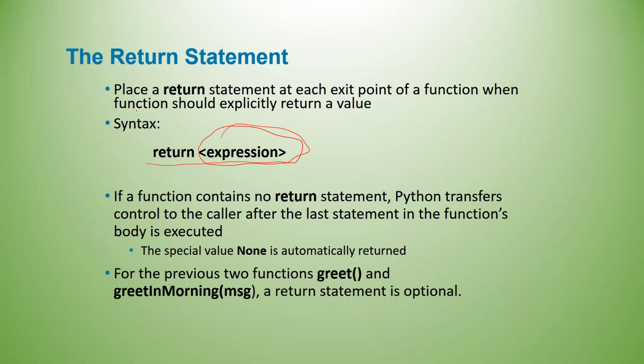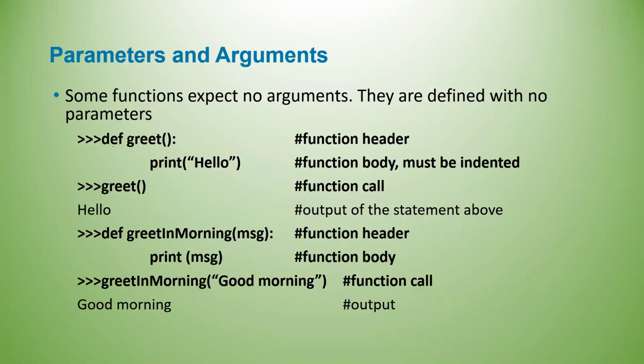Well, if a function contains no return statement, Python transfers control to the caller after the last statement in the function's body is executed. So what that means is, for this one, there is no return statement.